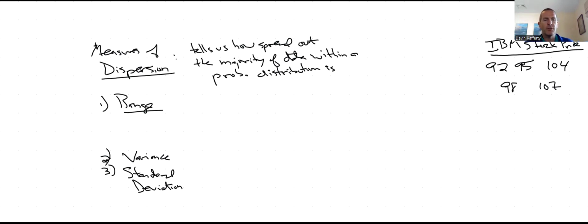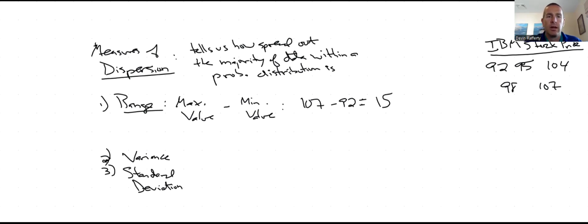The range is a very easy one to do. The range is simply the maximum value minus the minimum value. What's the maximum value? 107. What's the minimum value? 92. So 107 minus 92 gives us 15.